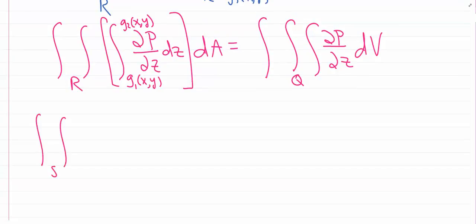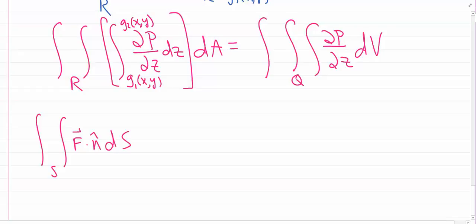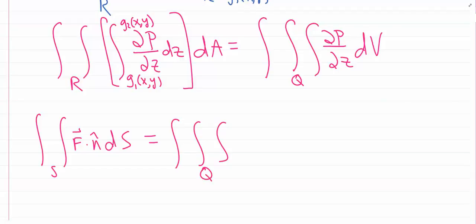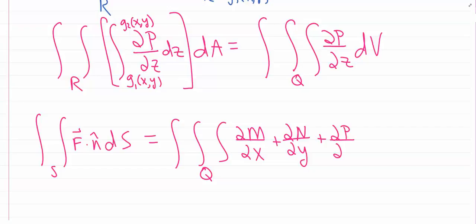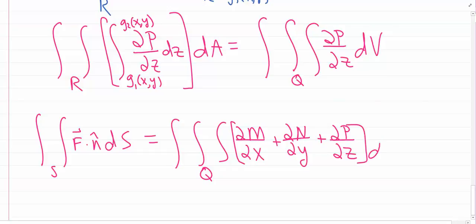We might as well just say, okay, let's suppose that we have this little flux thing, and we can write it this way. I'm going to write this as a triple integral over some solid region. And I'll write it this way: partial of m with respect to x plus partial of n with respect to y plus partial of p with respect to z, dv.